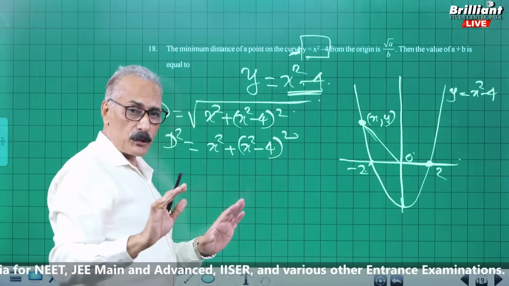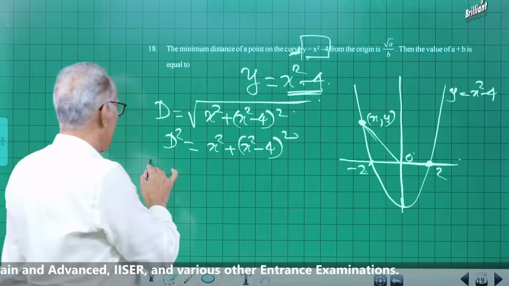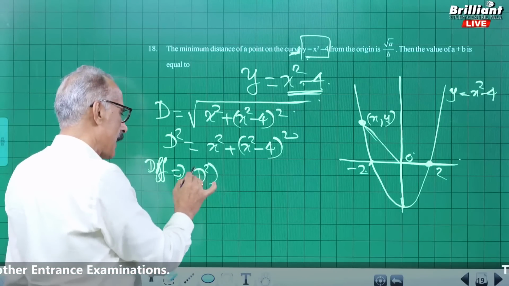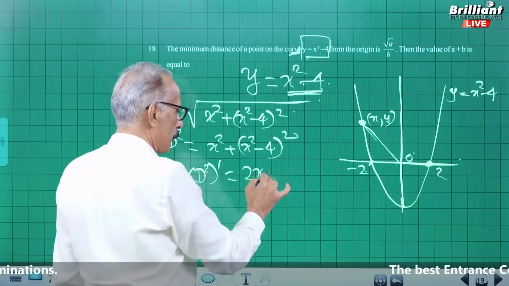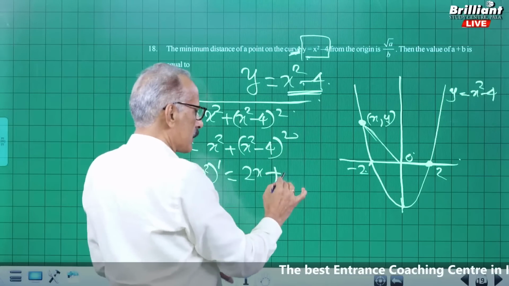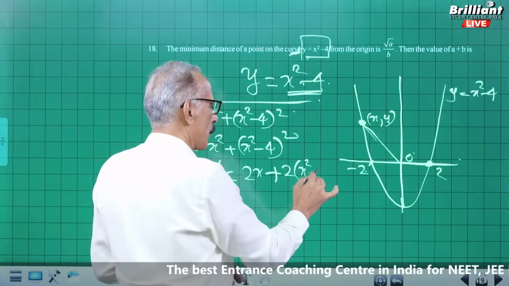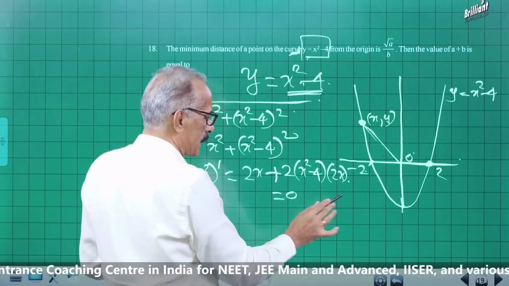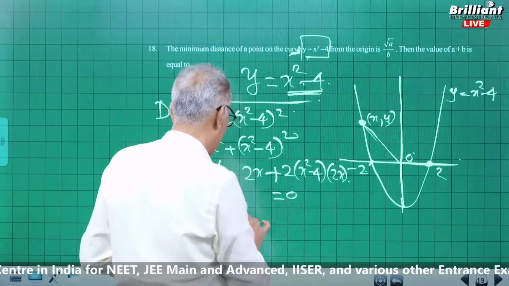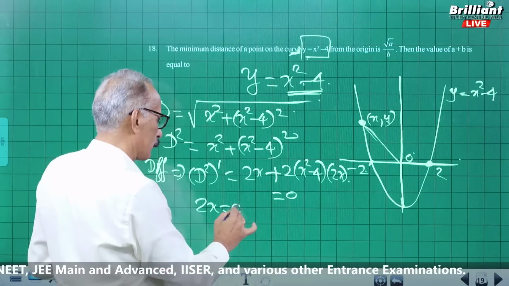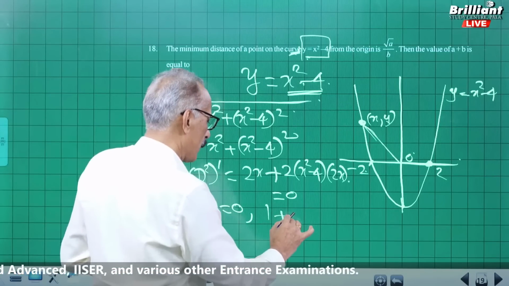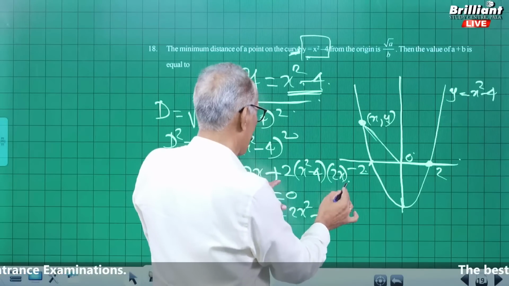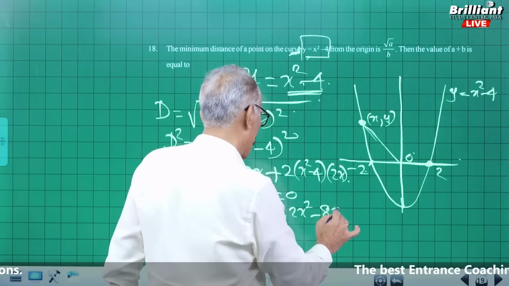Never expand it, to avoid complicating the question. So we differentiate with respect to x. d square dash is 2x plus 2 into x square minus 4 into 2x, and that is equal to 0 for both maxima and minima. Taking 2x out, we have 2x into 1 plus 2x square minus 8 equal to 0.